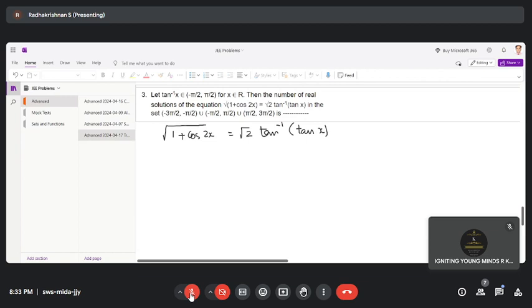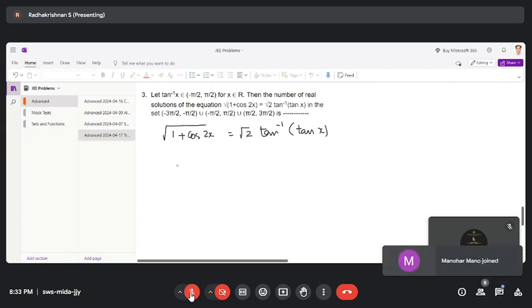I will write down what Santana Marraj just now told. Square root of 1 plus cos 2x, where 1 plus cos 2x is 2 cos square x.